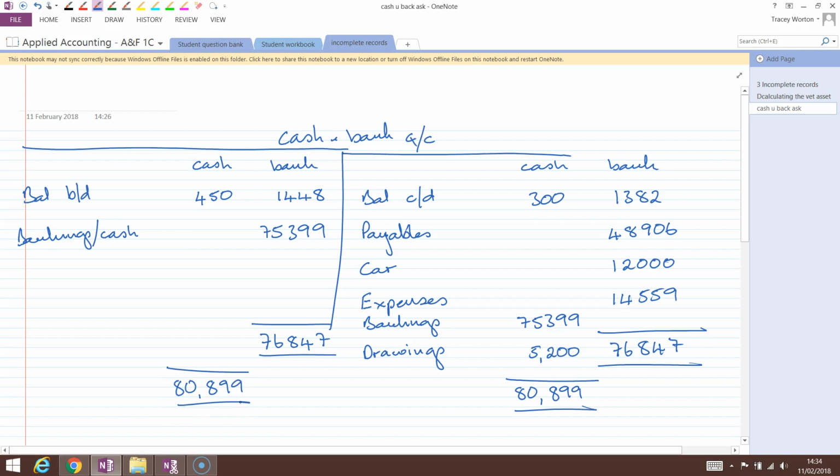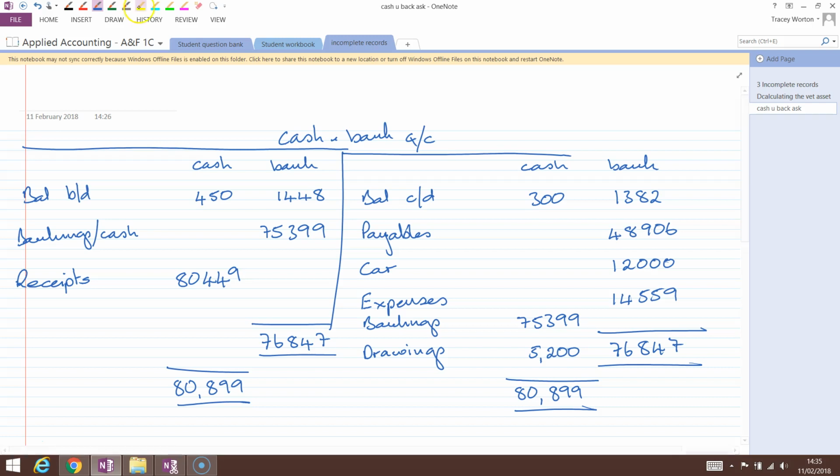And so now our missing figure must be the receipts from sales, as being 80,449. So we're now in a position whereby our cash and bank accounts are completed. So again, remembering to then use those double entry figures, go and complete all of the information that we have.